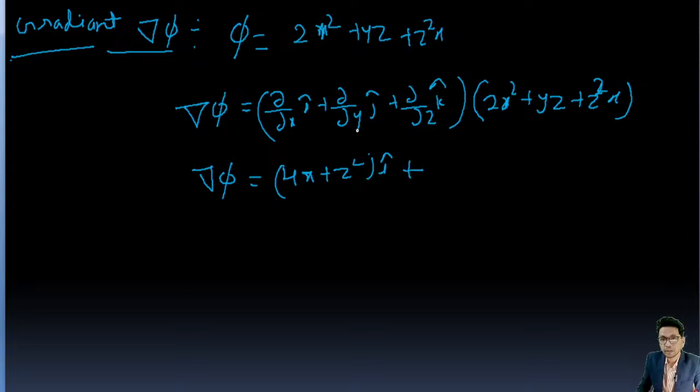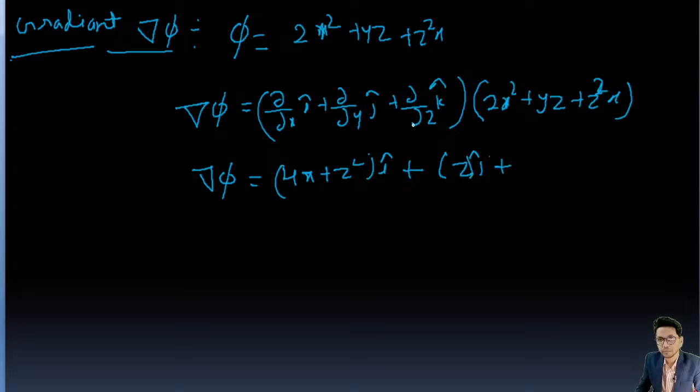Plus now we'll operate this with phi. There is no term of y, so it is going to be 0. This one is z, and there is also no term of y, so z j cap.